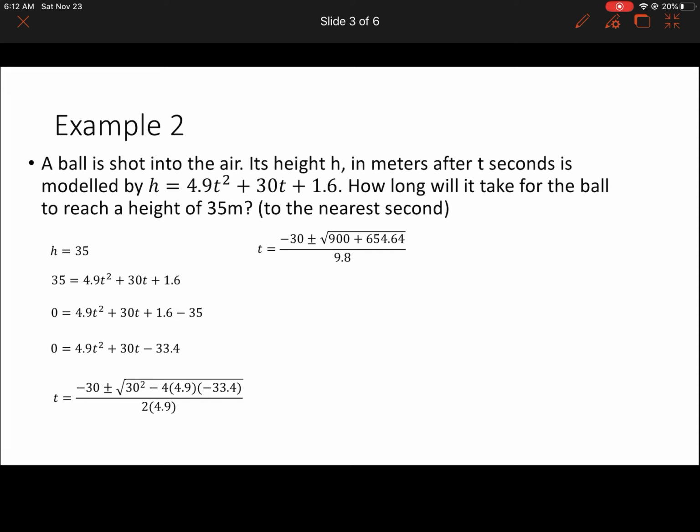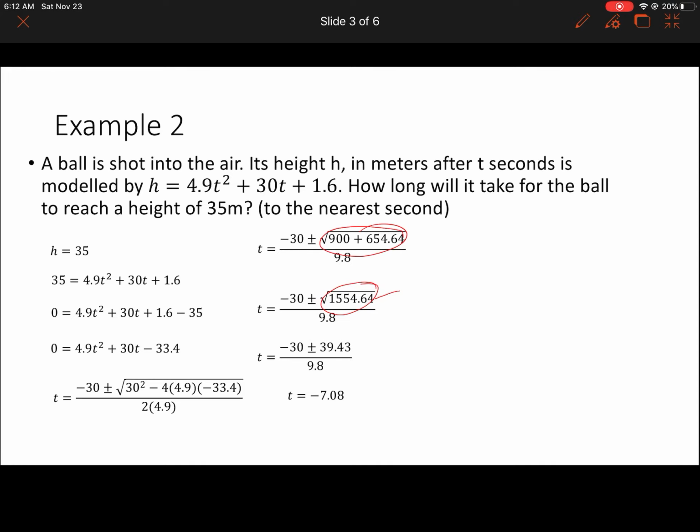We end up getting 654. And you can just substitute all these values into 900 plus 654 is that value. I'd pop that into a calculator right now and figure out what that was, which was 39.43. So we have two answers.